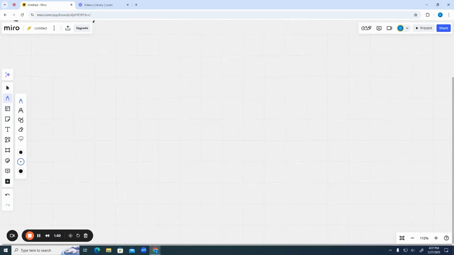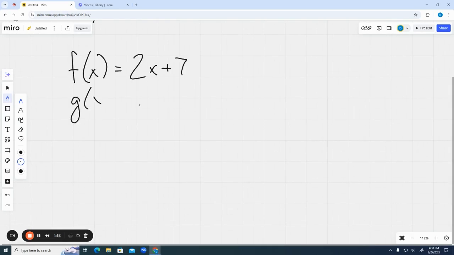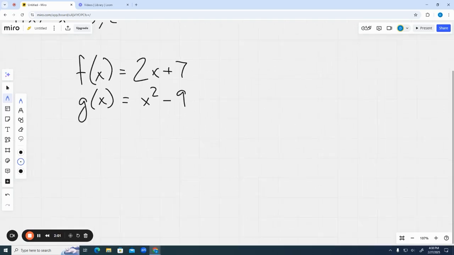So here's an example. If I have f of x being equal to, let's say, 2x plus 7, right? And I have g of x equal to x squared minus 9.